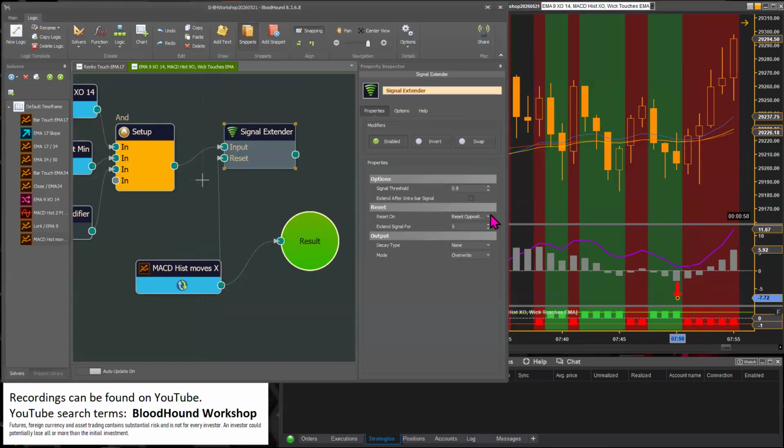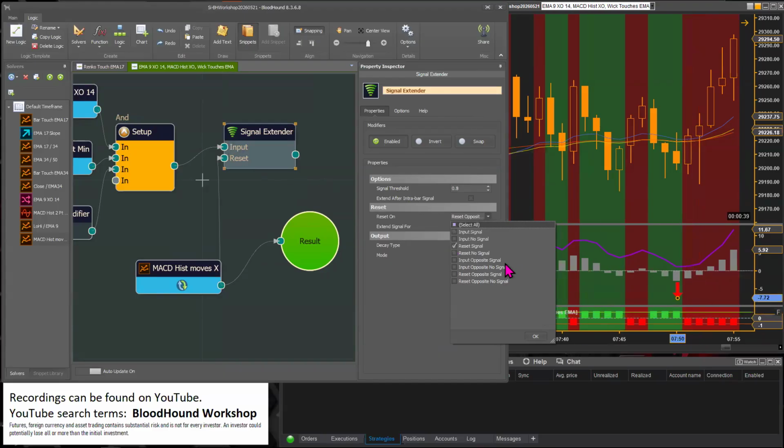And so in that case, we would use the default here, wrong one, there we go, reset signal. So the reset signal matches the input signal in this case.